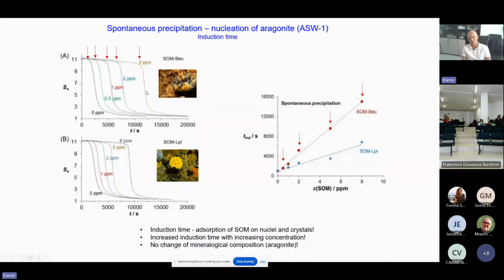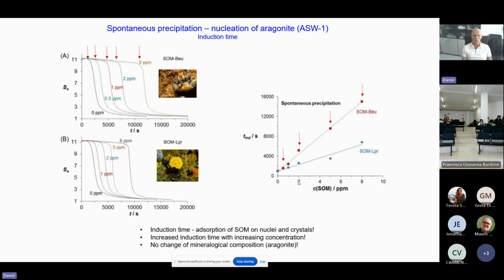So when we put this data as a function of concentration of additive, we definitely concluded that there is a linear correlation, and that induction time increased with increasing concentration.